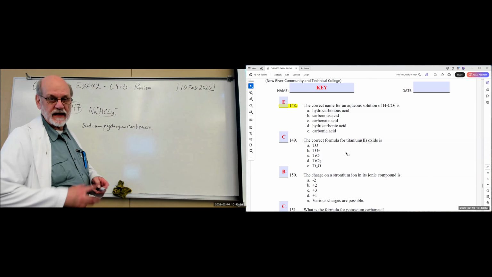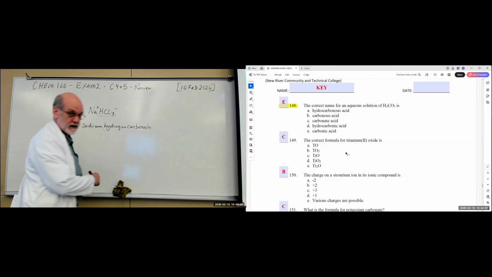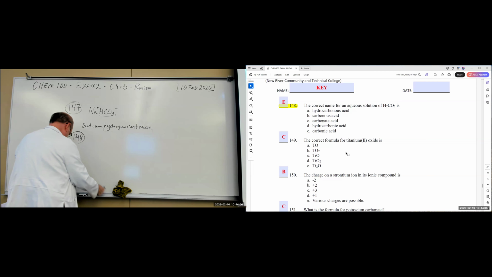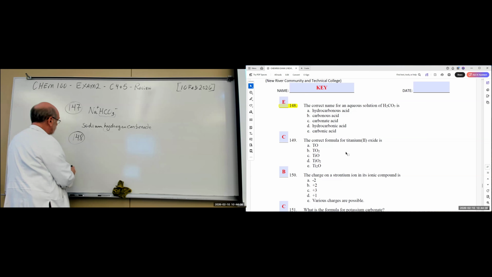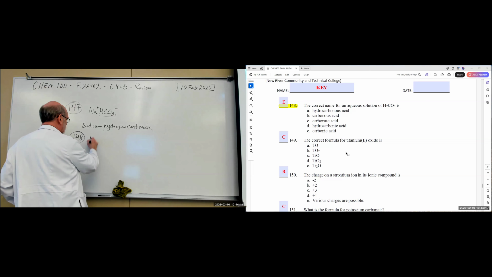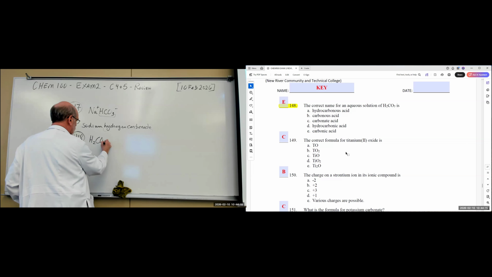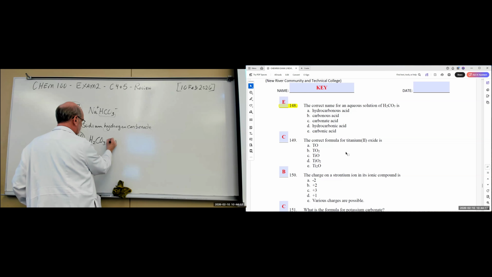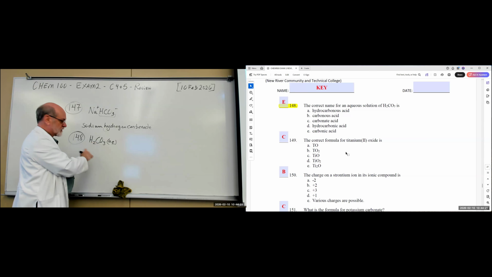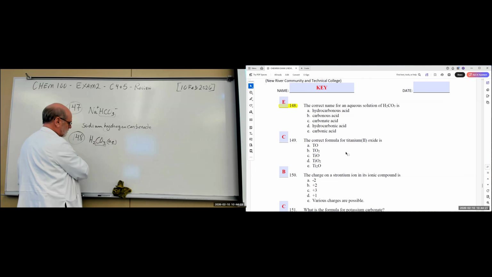How about this one? Correct name for an aqueous solution of H2CO3. 148. This one's starting to run out. Try this one. H2CO3 aqueous. All right. Oxygens. So we look at this part of the molecule.